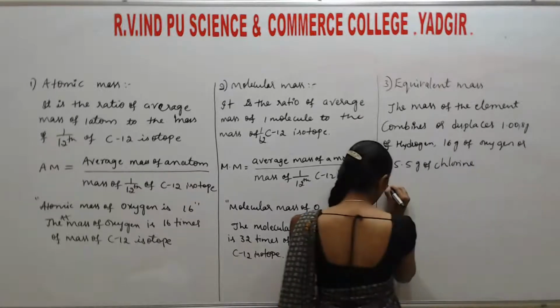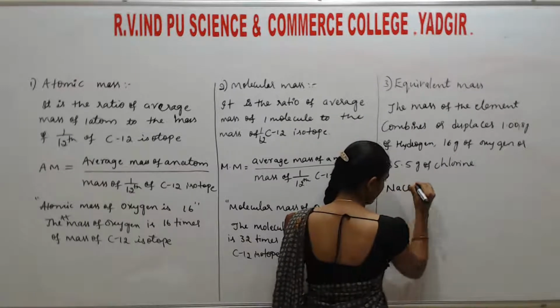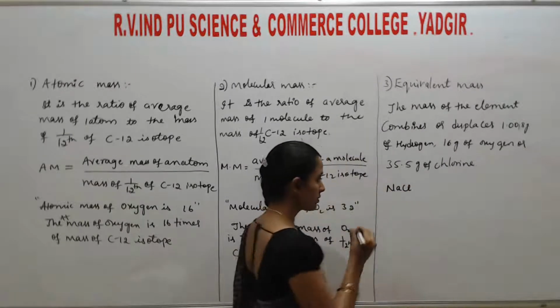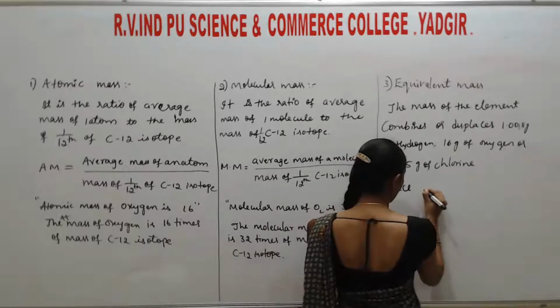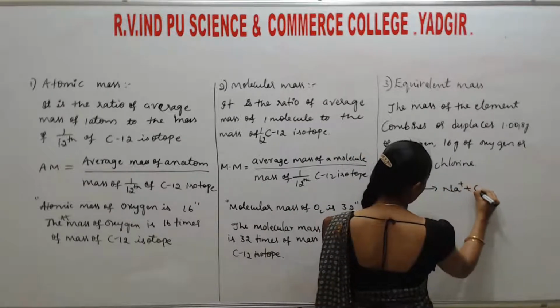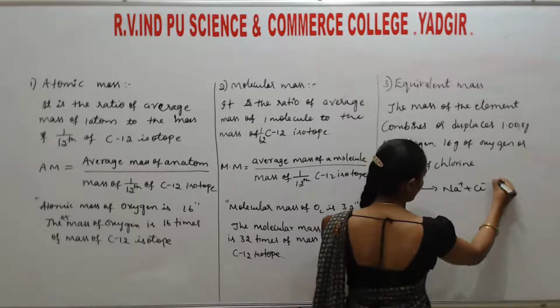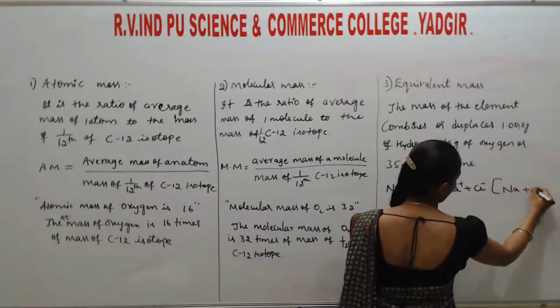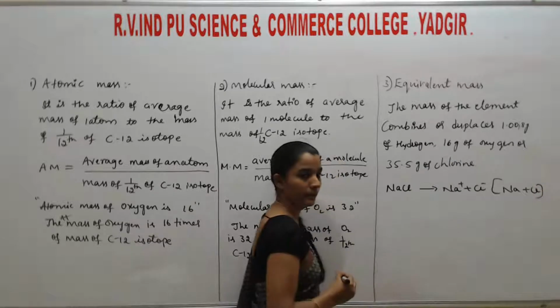So listen, NaCl is there. If it dissociates, it gives Na plus and Cl minus, or if you take it in atomic form, Na and Cl. Correct?